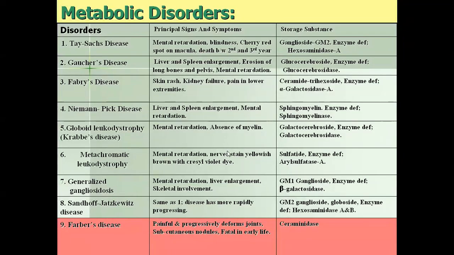The enzyme deficient in Farber's disease is ceramidase. Ceramidase normally hydrolyzes ceramide into sphingosine and fatty acids. Due to the absence of ceramidase, ceramide is unable to hydrolyze into sphingosine and free fatty acids.